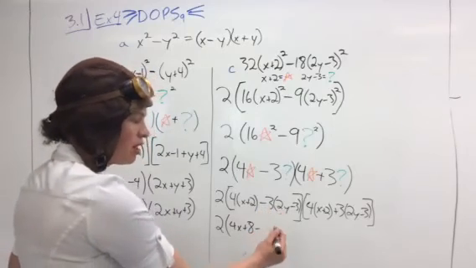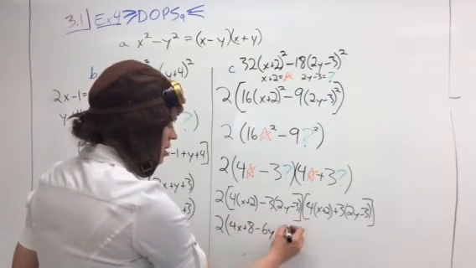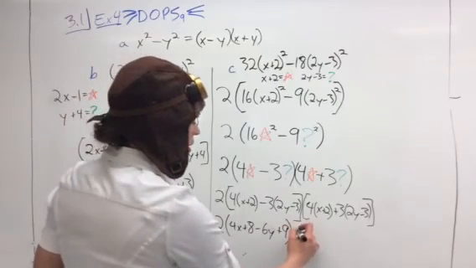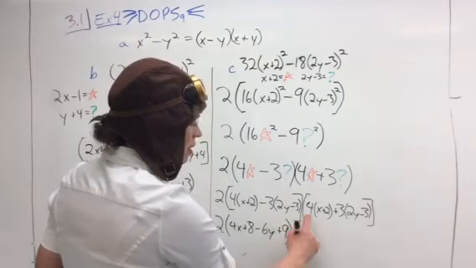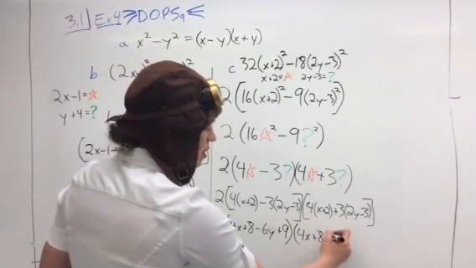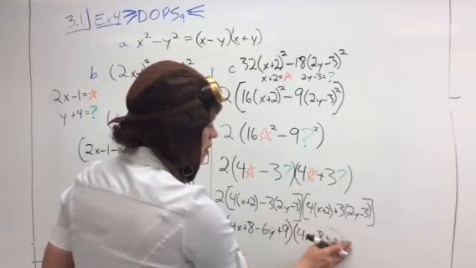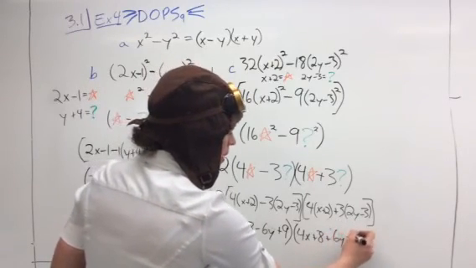So negative 3 times 2y is 6y, negative 3 times negative 3 is 9. That's a little simpler now. And over here I've got 4x plus 8 plus 6y minus 9.